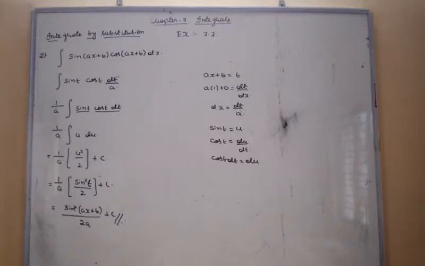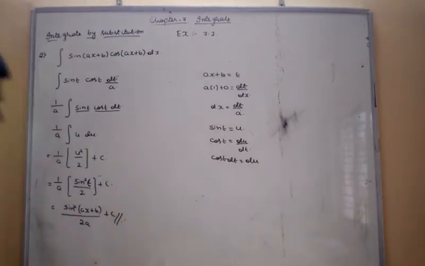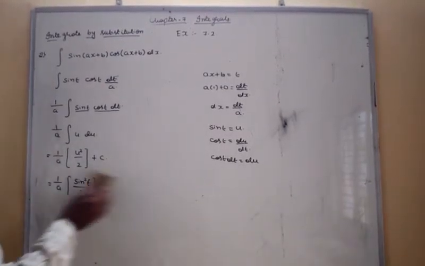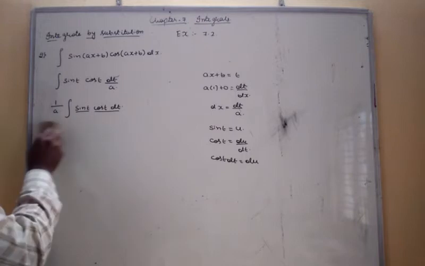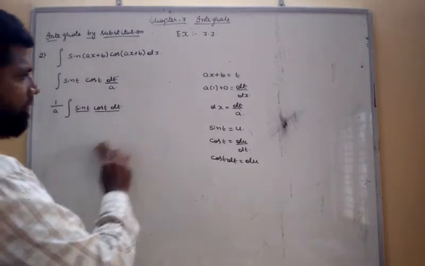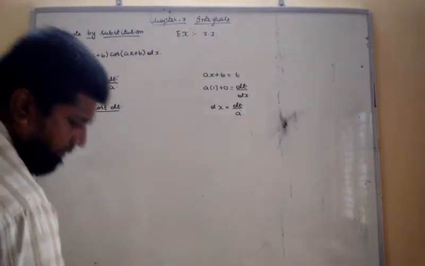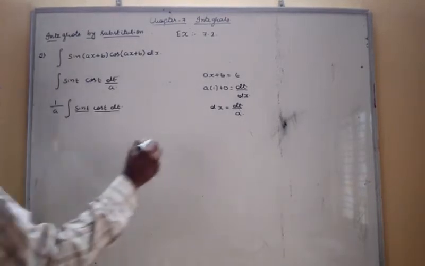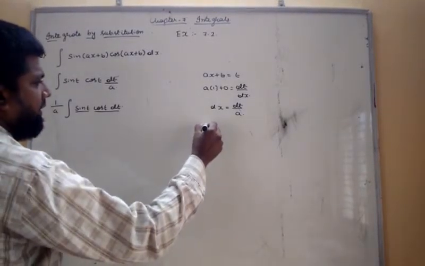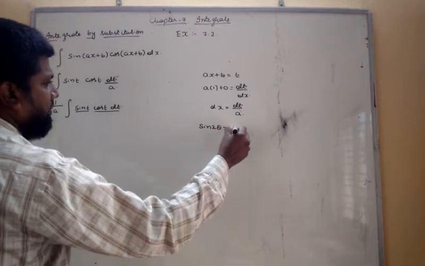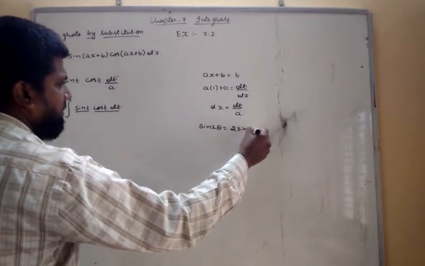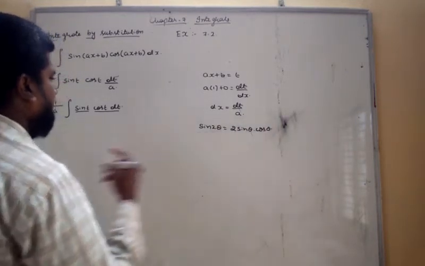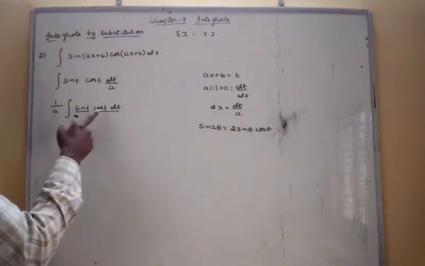Okay, same problem we can solve by another method. Okay, let us solve from here. So alternate method, same problem I am continuing from here. We know that sine 2 theta is equal to 2 sine theta into cos theta. Here sine t is there, cos t is there.